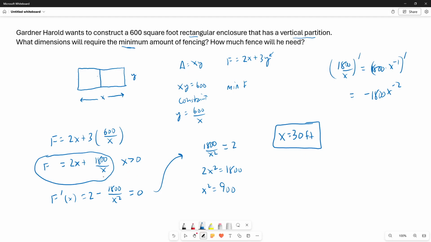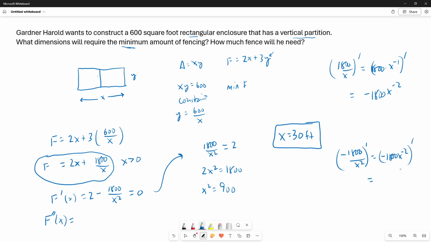And let's double check that that gives us a minimum. Let's calculate the second derivative and use the second derivative test. The derivative of 2 is 0, and negative 1800 over x squared is the same as negative 1800 times x to the negative 2.